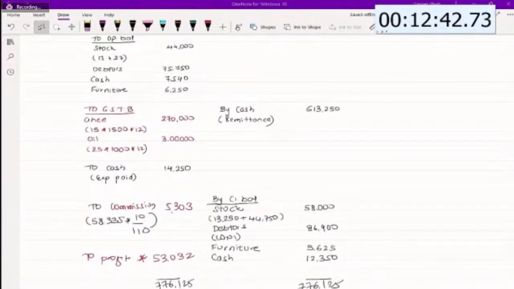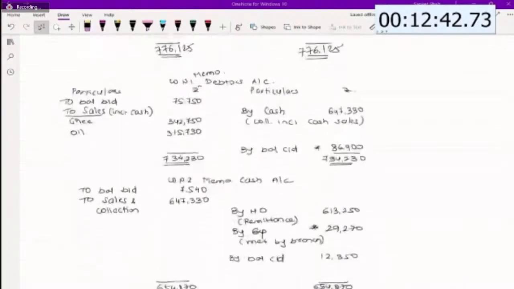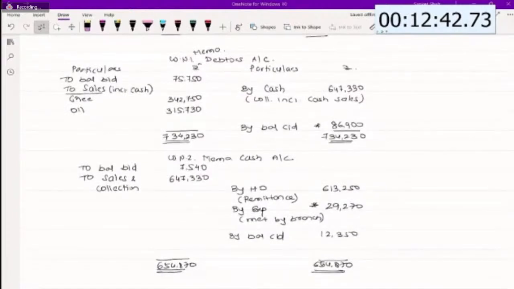Tell me over. Memorandum debtors account and memorandum cash account. Yes, over. So now trading and P&L account.